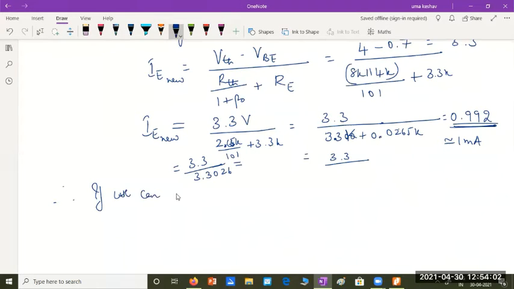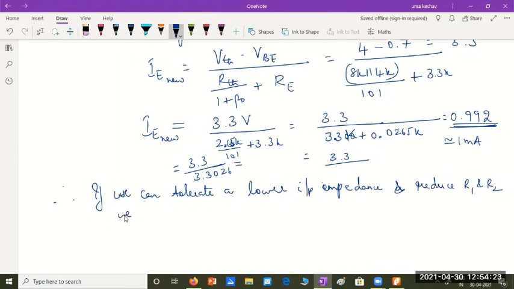If we can tolerate a lower input impedance and reduce R1 and R2, we get a closer approximation to the given value.